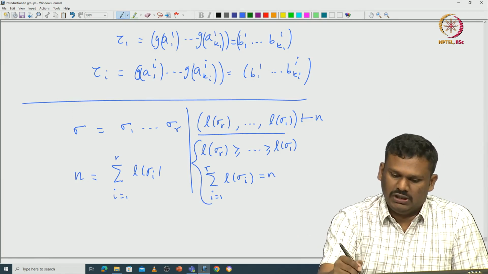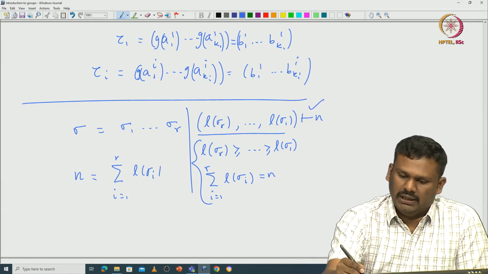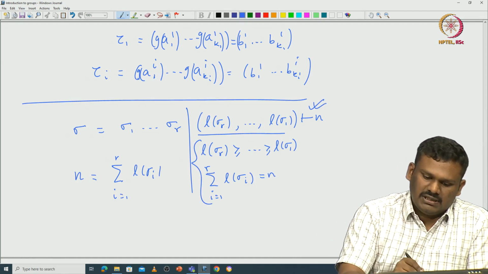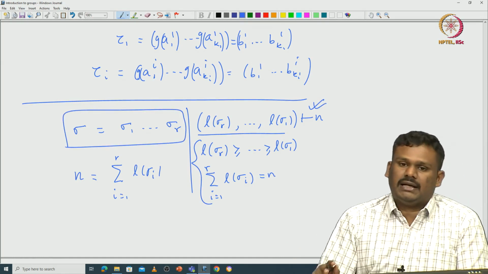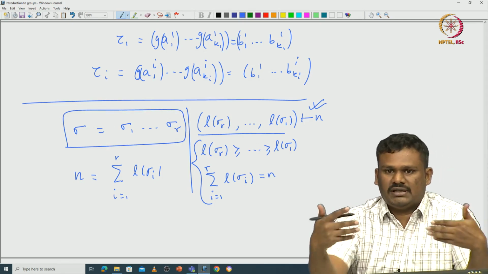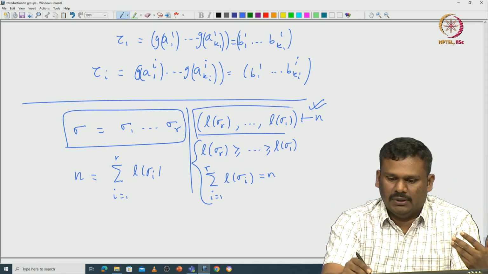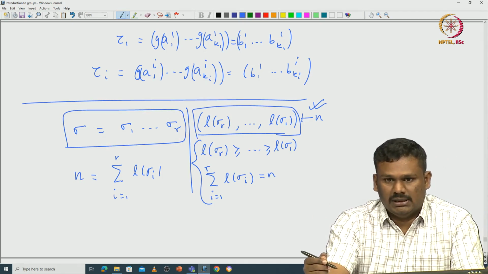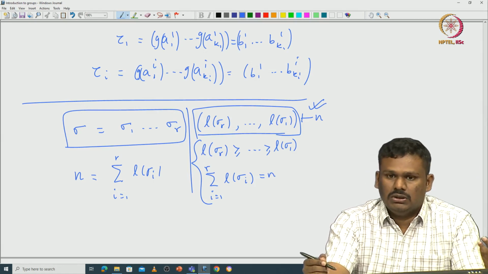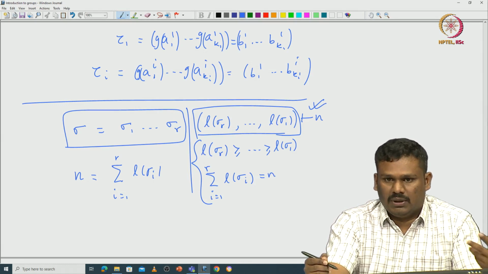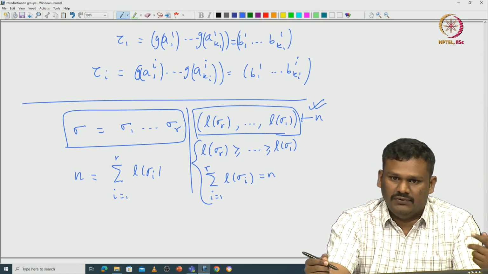If they satisfy these two properties, then we call it a partition of n. So now, given sigma, the cycle type indeed determines a partition of n, and once you fix the partition of n, which is this tuple, the cycle type, that actually determines the conjugacy class. So in particular the number of conjugacy classes is equal to the number of cycle types, which is equal to the number of partitions of n.